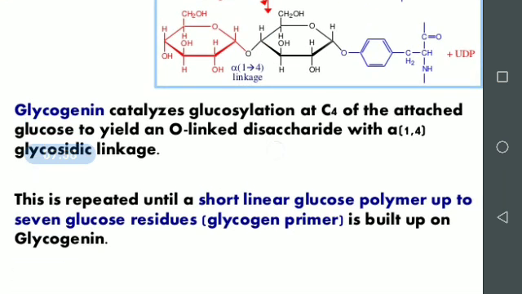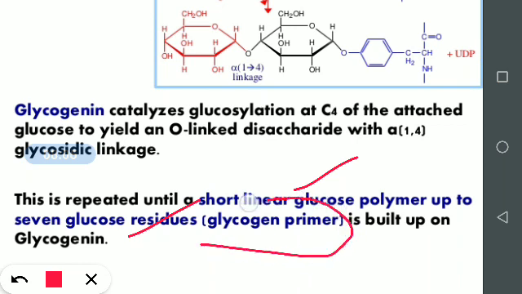This step is repeated until a short linear glucose polymer of up to 7 glucose residues is formed on the glycogenin primer.